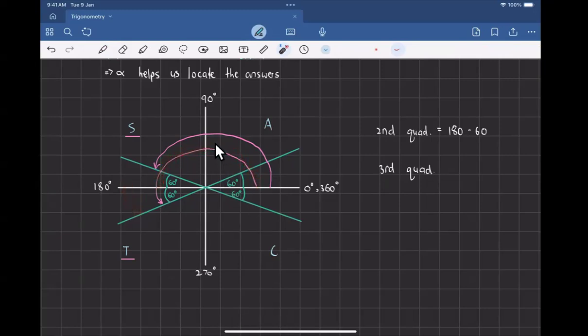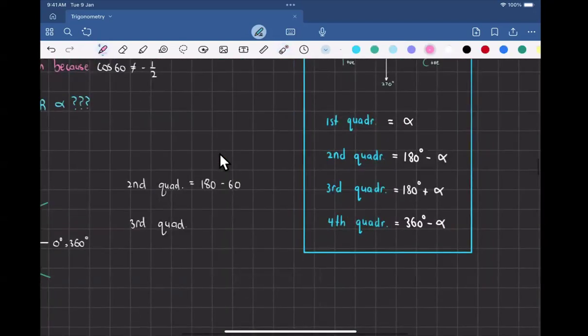Yeah, we went 60 more degrees. So to figure out this full angle, I would say 180 plus 60. And that's why in the third quadrant you see 180 plus alpha.